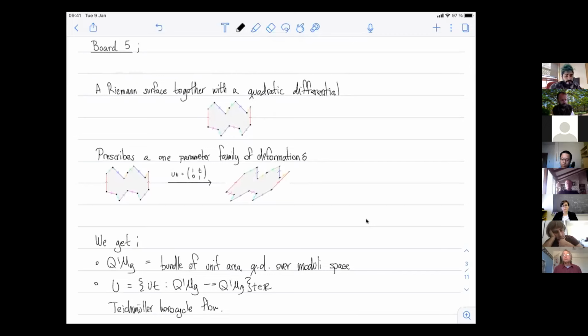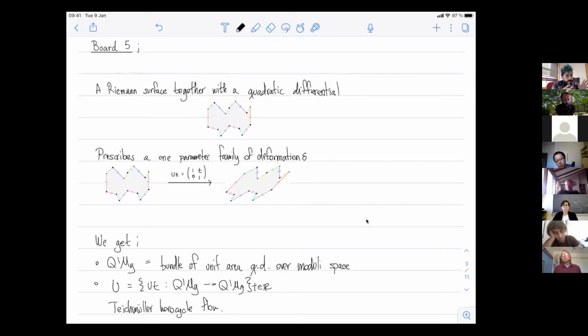Okay, so now we have two flows, which is great because that's sort of half of the question. We have the earthquake flow, which we constructed by continuously extending from Fenchel-Nielsen twists to all measured geodesic laminations. And we also have this Teichmüller horocycle flow, which acts on quadratic differentials. And historically, people started noticing that these flows seem to have a lot of similarities.